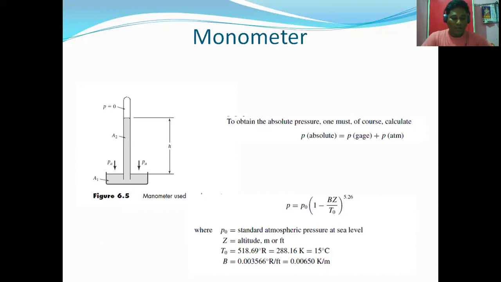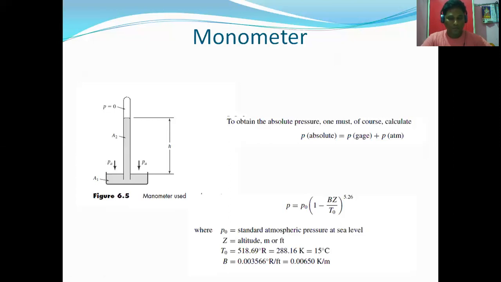So at this point, we should note that many pressure measurement devices indicate gauge pressure. Okay, here gauge pressure. So the absolute and local atmospheric pressure are involved in this process. Okay, that is the difference between absolute and local atmospheric pressure is gauge pressure.